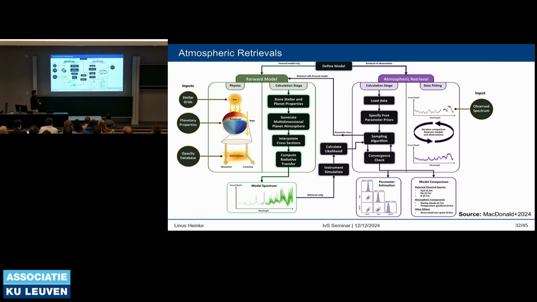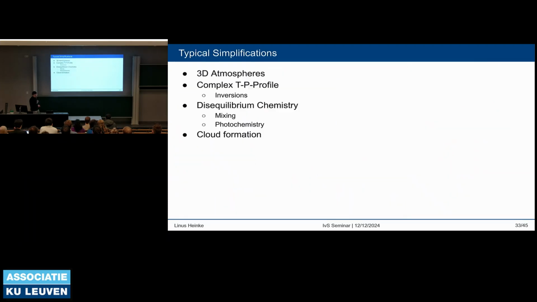That's something MCMC-like, now people mostly use nested sampling. In the end, we don't just get a best-fit value, we get posteriors of the different parameters, so we have an idea how tight our constraints are on the different atmospheric properties. And one nice side effect is we also get Bayesian evidences, which we can use to compare different models and so on. So that's basically how it works.